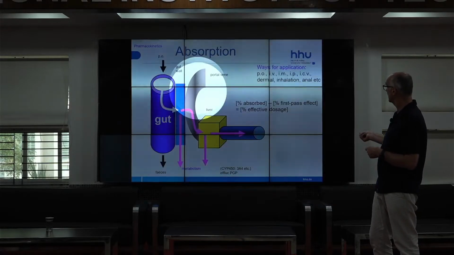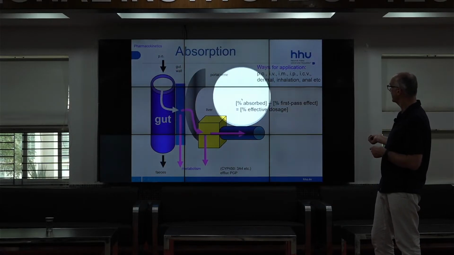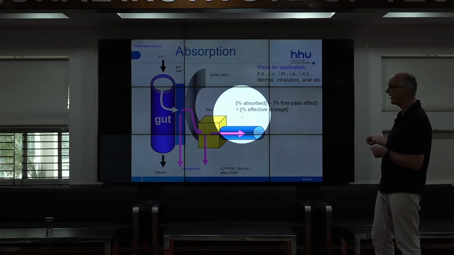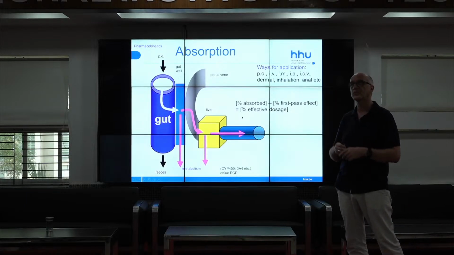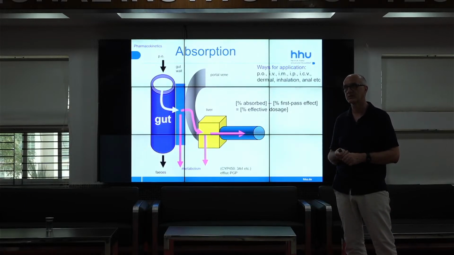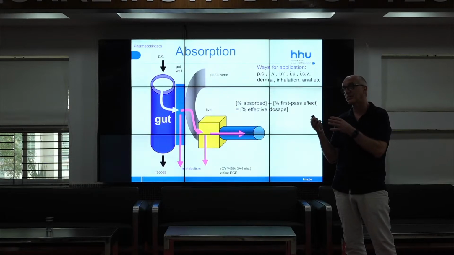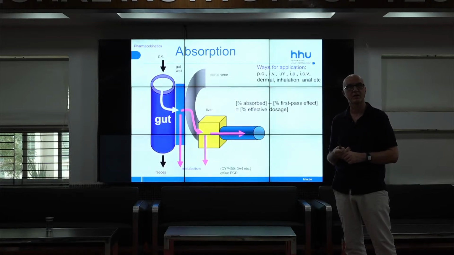And this leads to the so-called first pass effect, where the absorbed amount is strongly reduced, and the effective dose is reduced by the first pass effect for the different compounds. So if your compound is labile and gets easily metabolized, then it would not reach the full compartment due to this first pass effect.